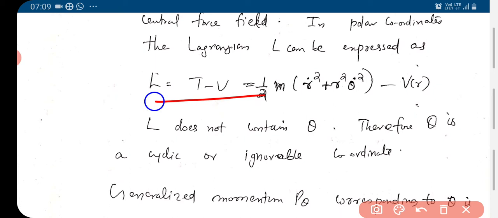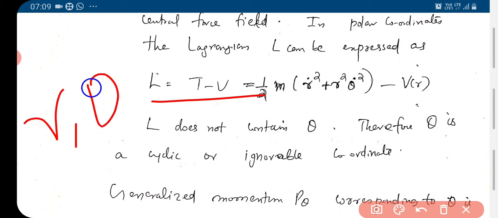The two coordinates here are r and θ, and we can clearly see the Lagrangian does not explicitly contain θ.